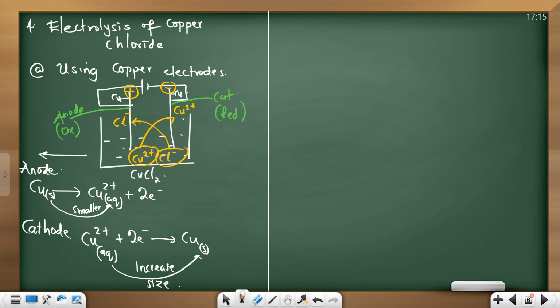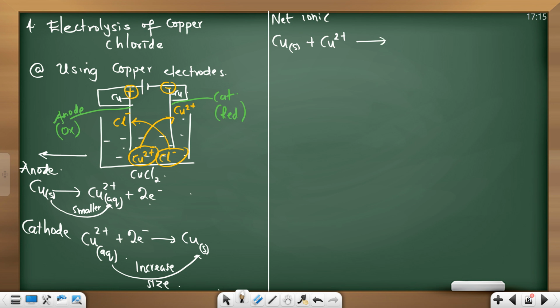What is the net ionic equation? We add both of them together, right? Because it's 2 electrons, my answer would simply be what's on the left? Copper solid. What's on the left at the one below? Cu2+. Are you with me? To give me what?